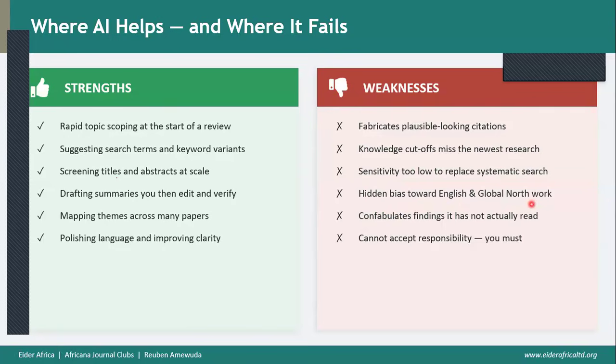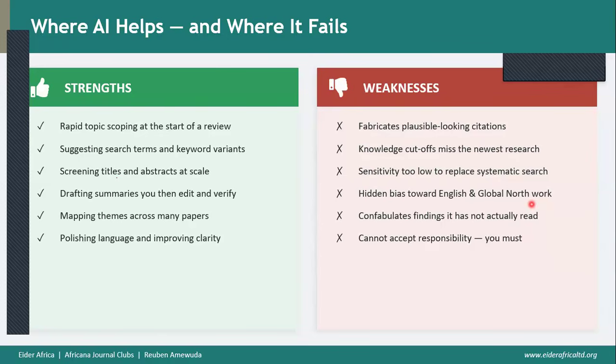They are the ones that developed the AI, so they used their English to develop it. So it doesn't include our local languages. For example, in Kenya, you will not see AI in a local language. Everything is in English. It's like they are giving more priority to their language than our own. That's another weakness. We Africans see it as a weakness, but they will see it as a strength for them.